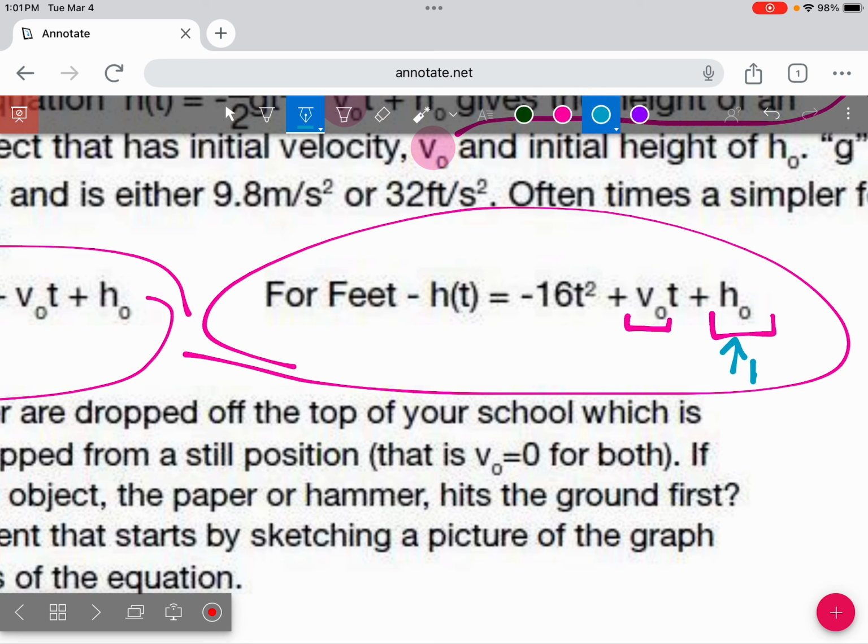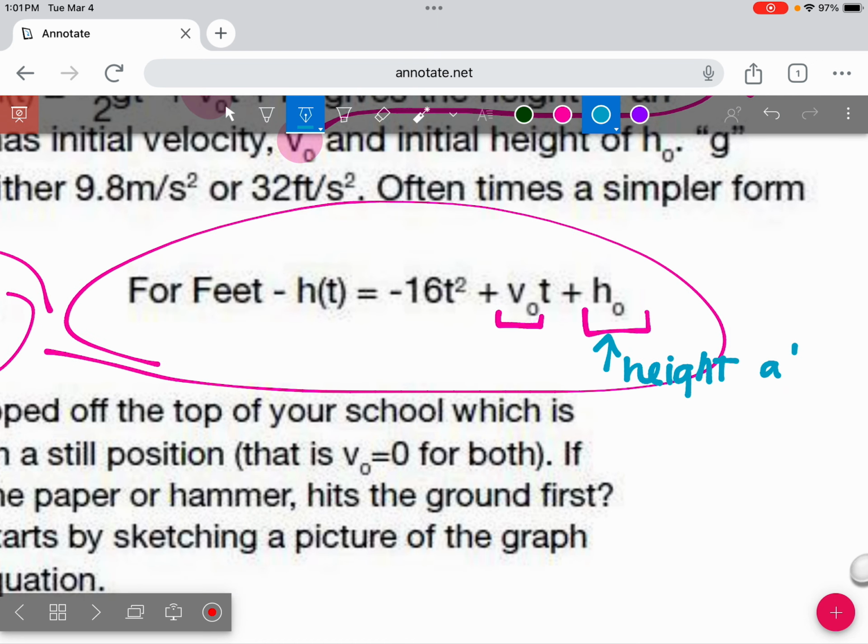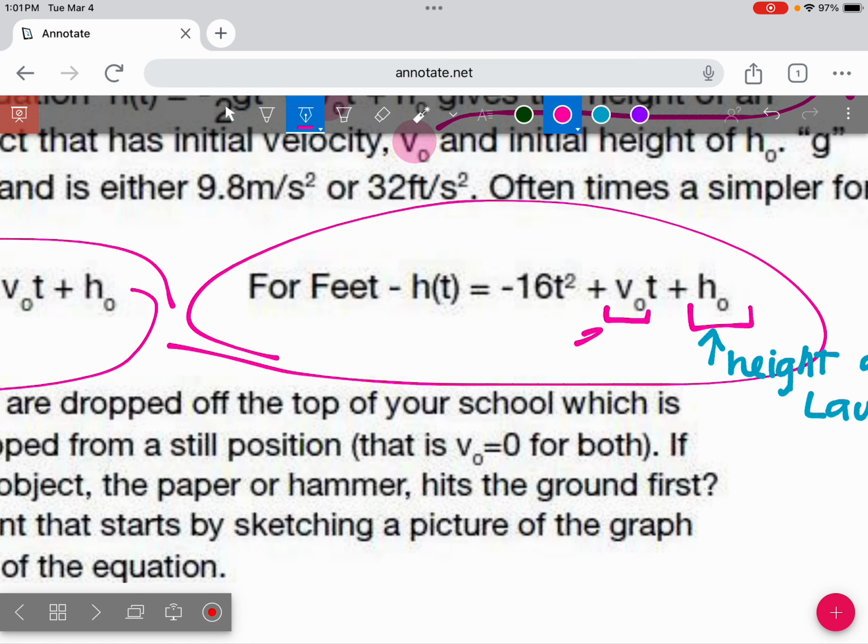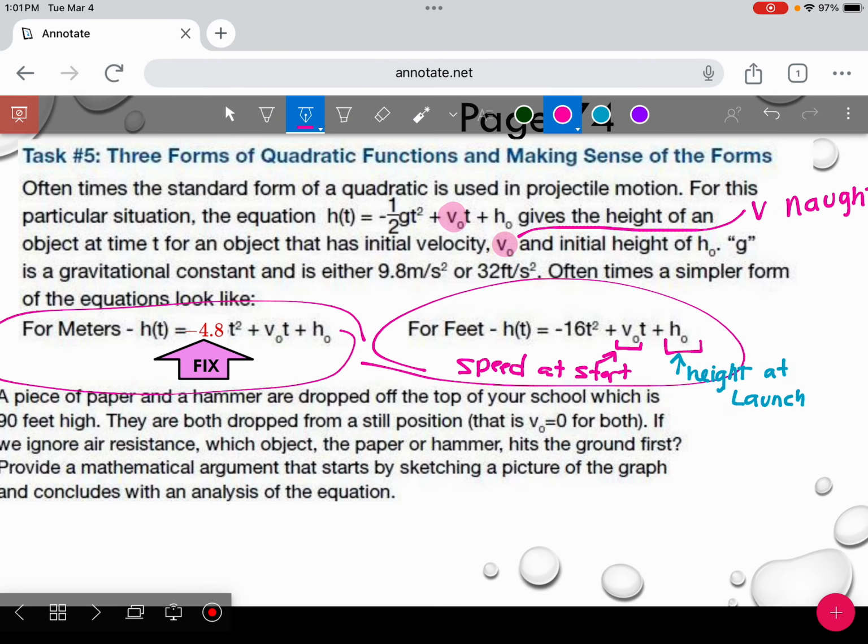So this is height at launch, or at the start, and this guy is speed at start or at launch. Everything else are pieces we know how to deal with.